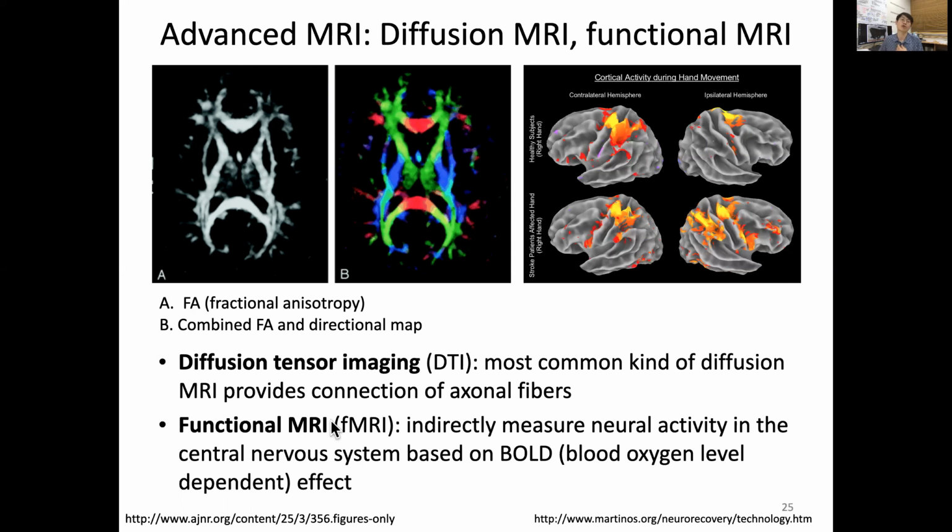So fMRI, or functional MRI, is in fact a structural imaging, but we take fast, almost real-time MRI while the subject is doing a task, so that we can find, not directly neural activity, but indirectly the blood flow changes in the neurally active area. So we can use it to indirectly measure neural activity in the central nervous system. And this principle of fMRI we call BOLD, or blood oxygen level dependent effect.